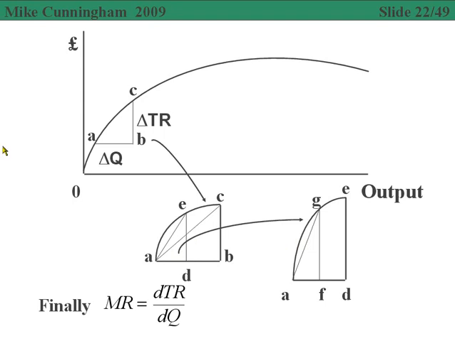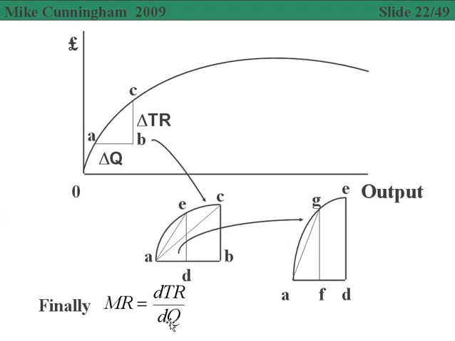And the marginal revenue then will be D, not delta anymore, not the triangle, D now. D represents an infinitesimally small change in. It's the calculus. For those of you who have done mathematics, this should be obvious to you. But D is a very small change in the total revenue divided by a very small change in the quantity.